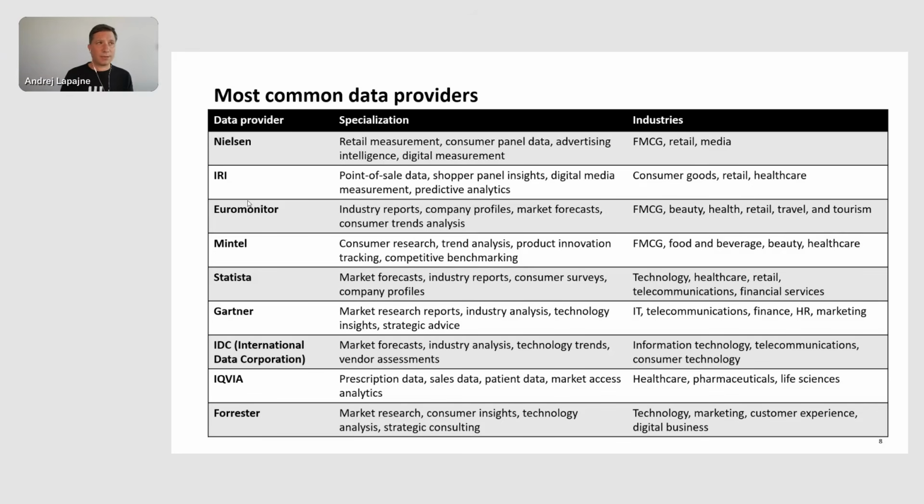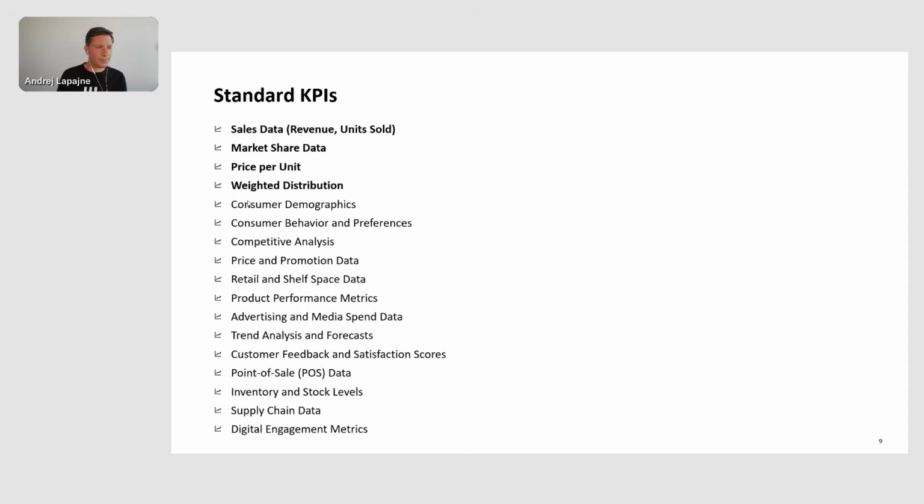And then, of course, there are also specialized providers for a specific industry. Like in pharma, you have Pharmis, and there are a couple of data providers for the automotive industry, and so on. Right. So this was a short list. Now, what they do is they provide some standard KPIs like sales data, market share data, price per unit, weighted distribution.